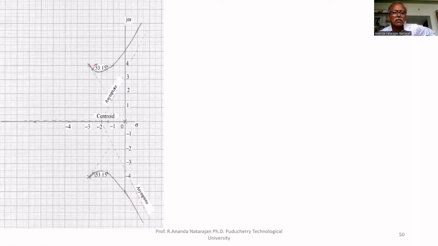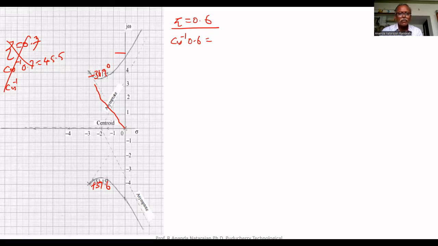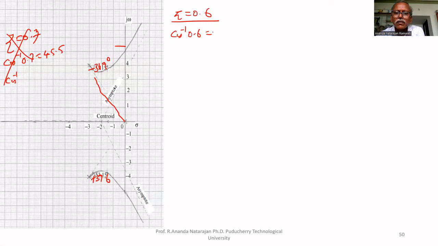This is 36.9 degree. Zeta equal to 0.6. For that, we have to find the value of K. Therefore, cos inverse of 0.6 equal to 53.1 degree.